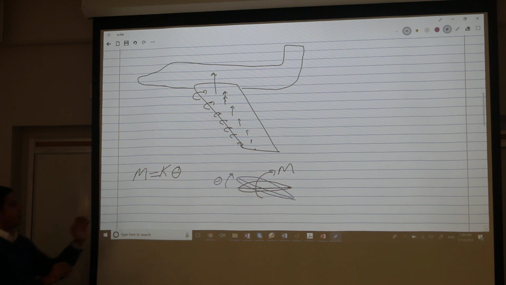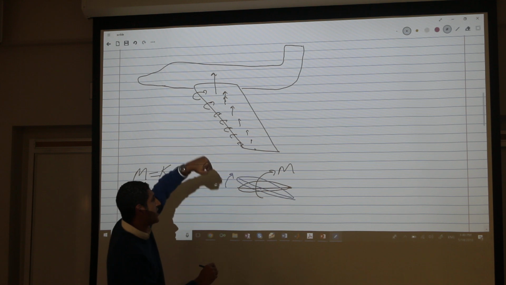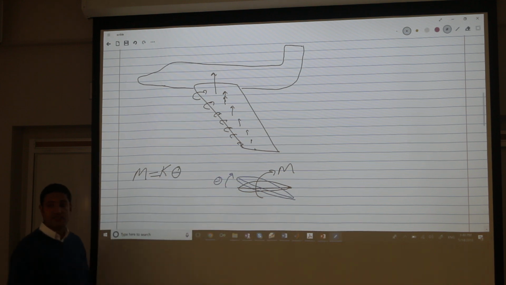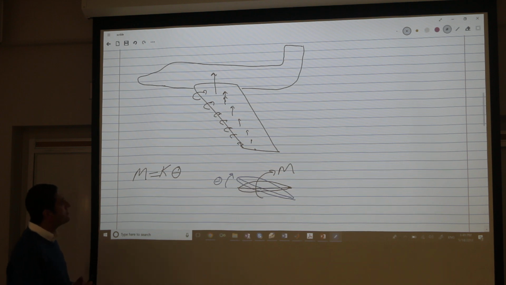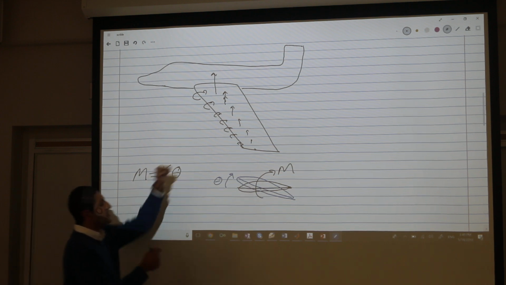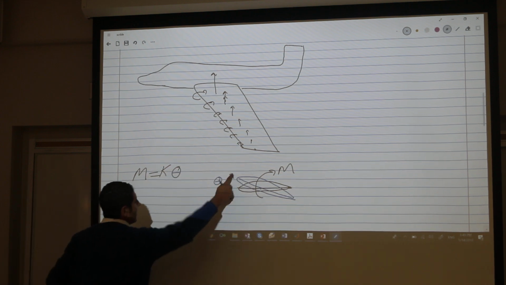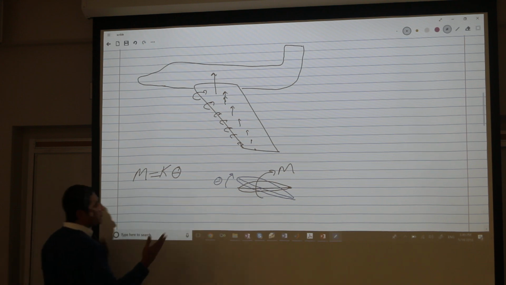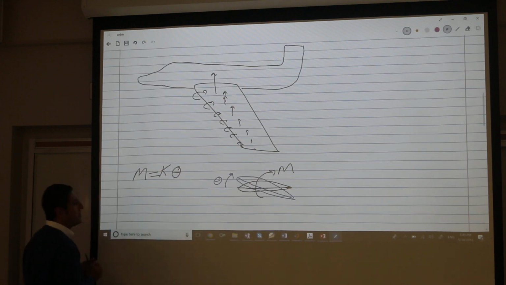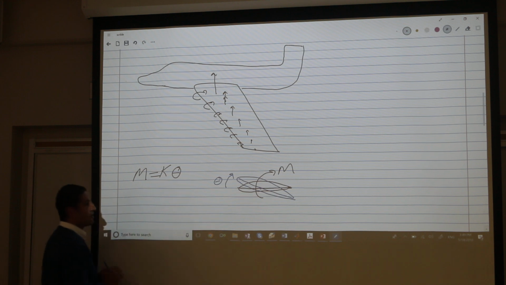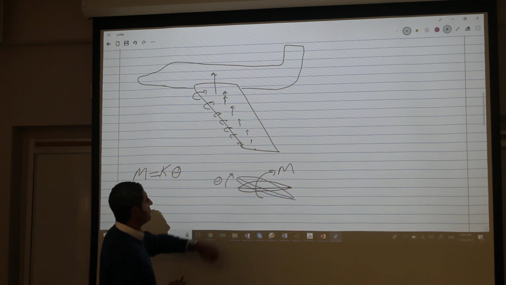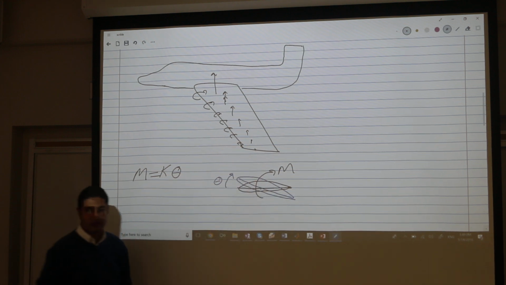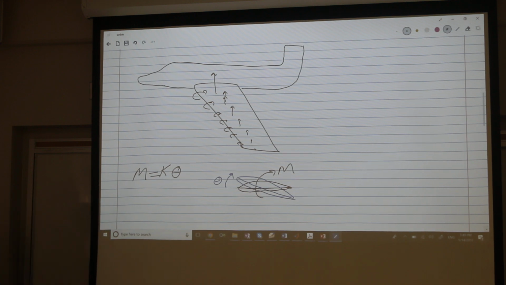So the aerodynamic loads try to twist the wing, and because the wing has some flexibility, it will really twist a little bit, some angle, and the relation for a small disturbance is linear. If you double your moment, the angle will double. Any question about that?